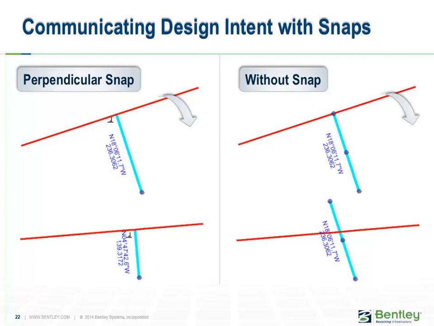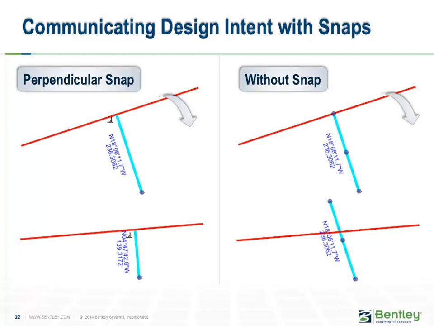Assume for now that our design intent is for the two center lines to always meet at a perpendicular angle. The side road in the left image was created using perpendicular snap to communicate the design intent where the two lines intersect. When the direction of the main line changes as shown in the lower left image, the direction of the side road changes to remain perpendicular and the length changes to intersect the main line.